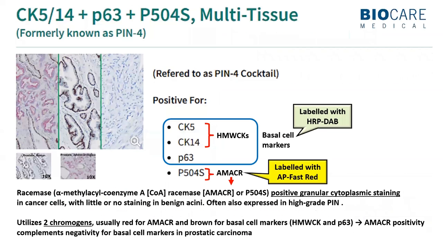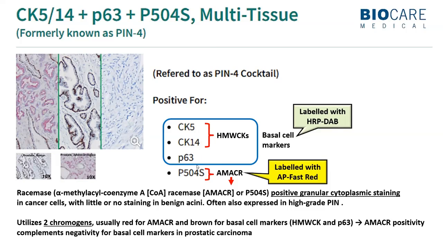And now this particular marker is the granddaddy of them all. We call it the PIN4 cocktail, which is basically a triple marker cocktail, which helps to pick up at the same time not only the presence or the absence of the basal cells, but also the expression pattern of AMACR within these glands. So you see that the individual components of this particular marker are, first of all, high molecular weight keratin 5 and 14.